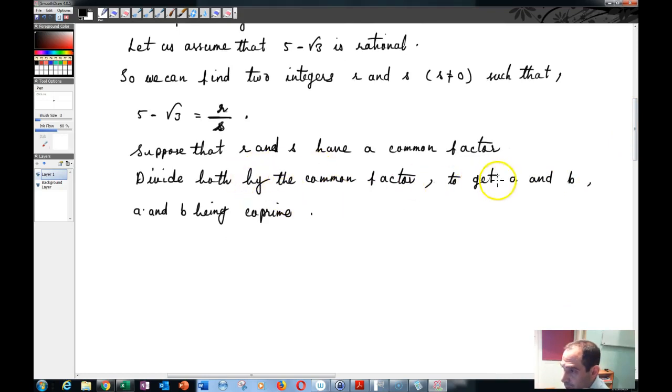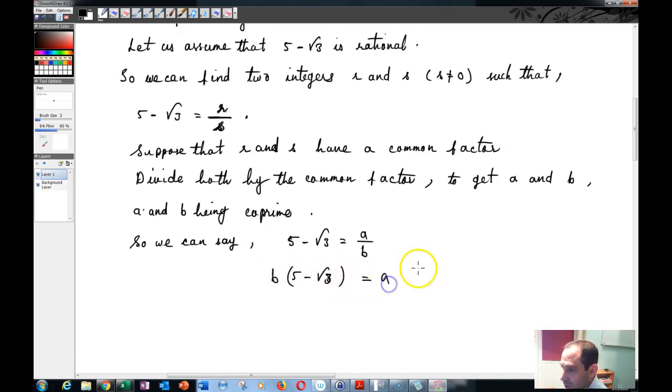So now we know that a and b are co-prime, right? So what that means is that we can say 5 minus the square root of 3 is equal to a divided by b. Now, if you cross multiply here, you'll get 5 minus the square root of 3 times b is equal to a.